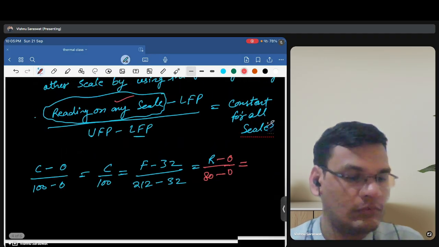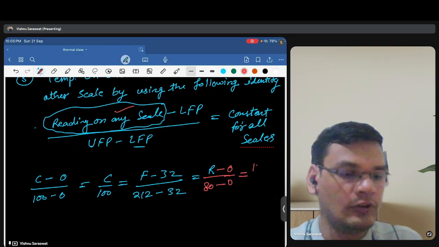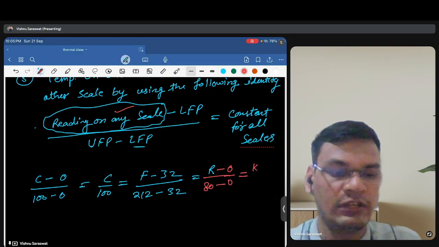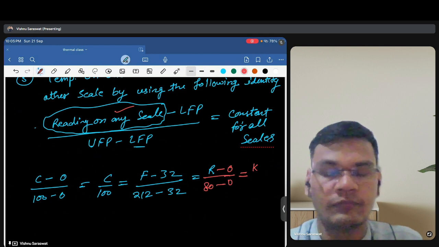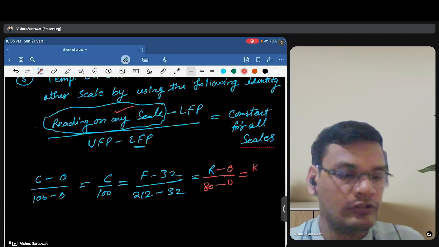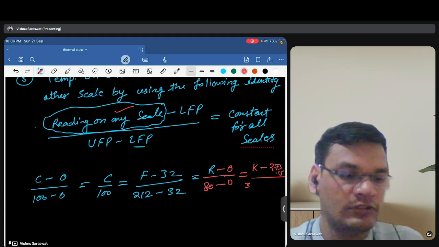Now you can also write the equivalent for the Kelvin scale or Rankine scale. In the Kelvin scale we take K as the reading, so Kelvin minus the lower fixed point, 273.15, and the upper fixed point is 373.15 minus 273.15.